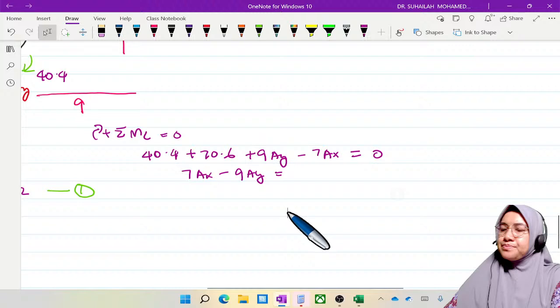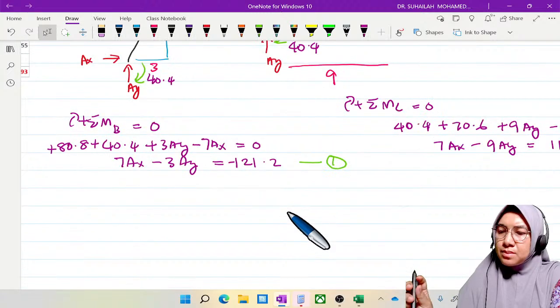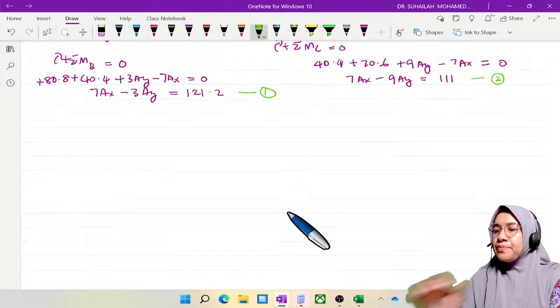So this will be equation number 2. Then we will get AX and AY. 7AX minus 3AY is positive.